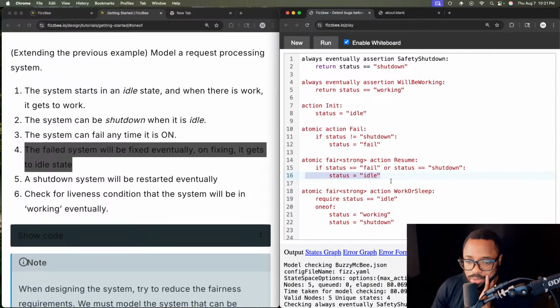But then from idle again, it will just be forced again to shut down. Not working, but to shut down. And yeah.